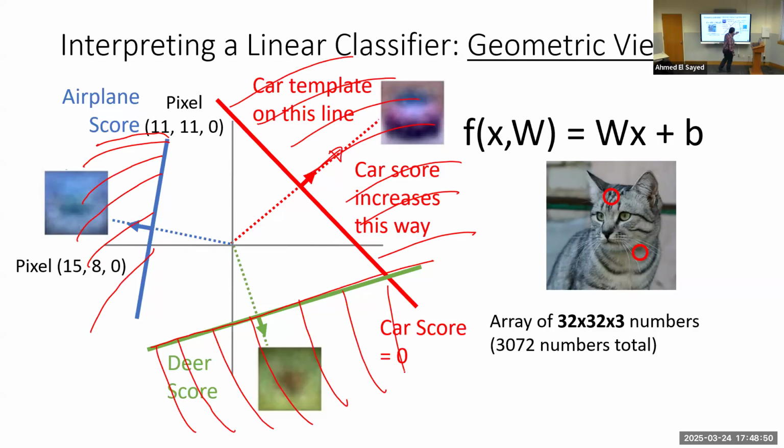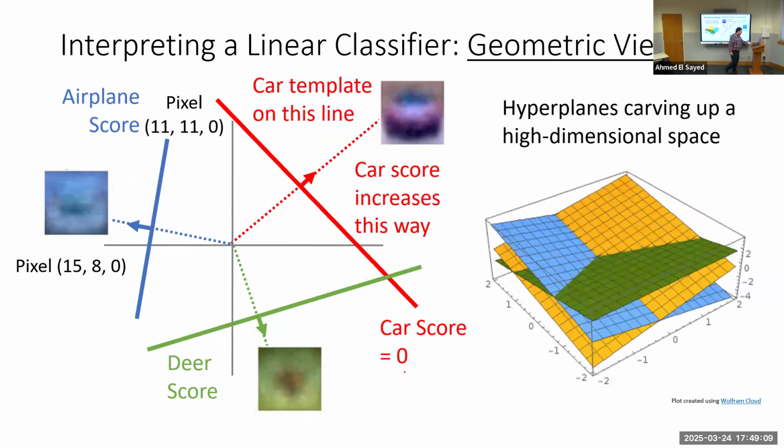This means that those lines are separators, barriers that separate the scores of each class from the others. And this is the third representation for the linear classifier, which we call the geometric representation. Those W's are nothing but a hyperplane, a plane or a separator that separates the scores of each class from the others.